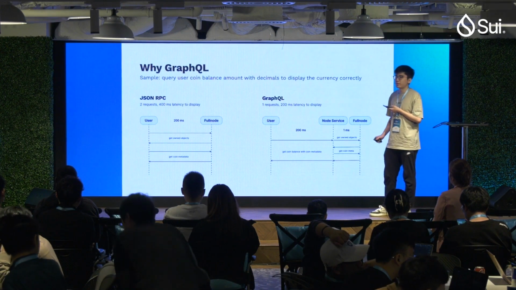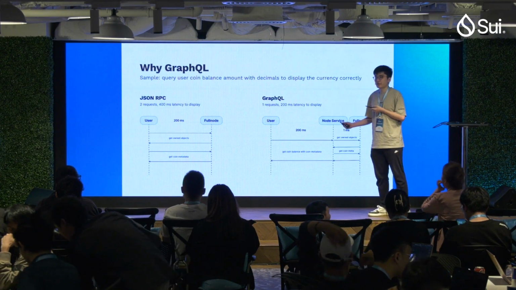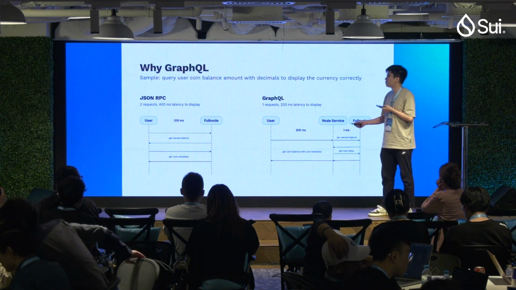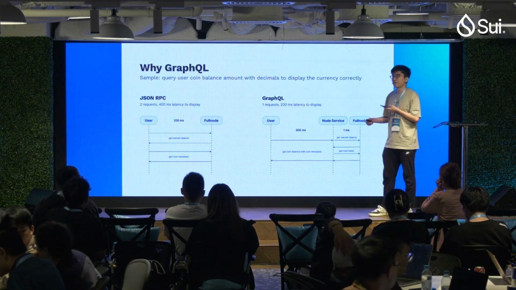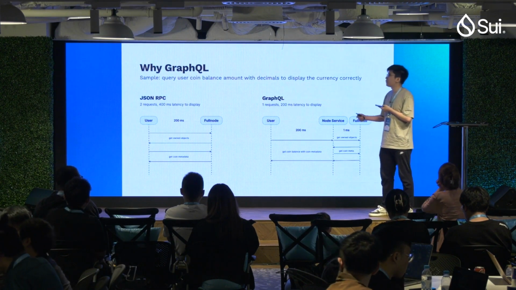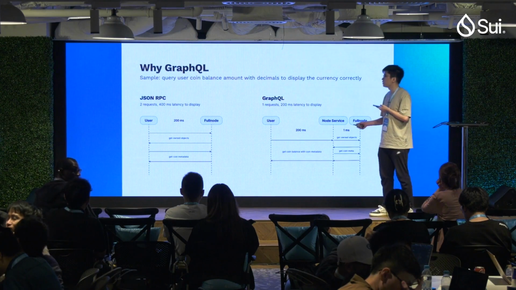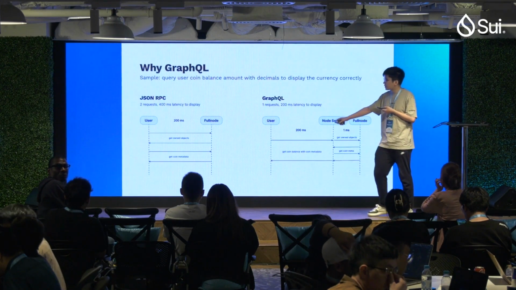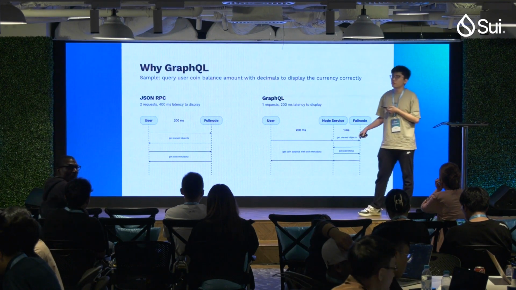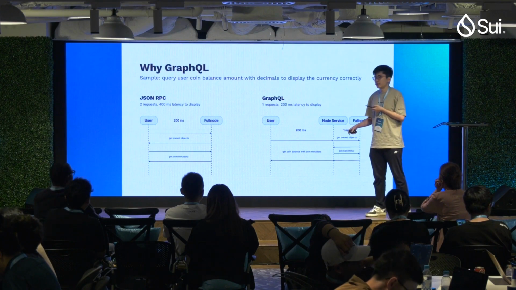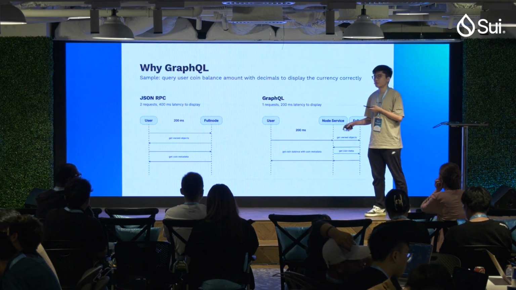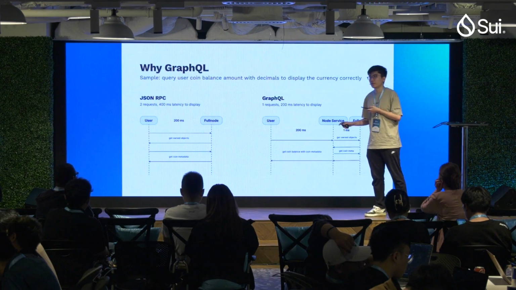Let me take a few examples. First, GraphQL. Here is a quick example. Let's say we are building an app to display a coin balance amount for users. On the right side, you need to first get the coins owned by the users, and then you need to get the decimals to display the balance correctly.